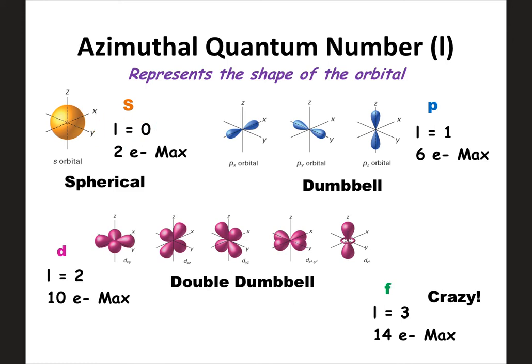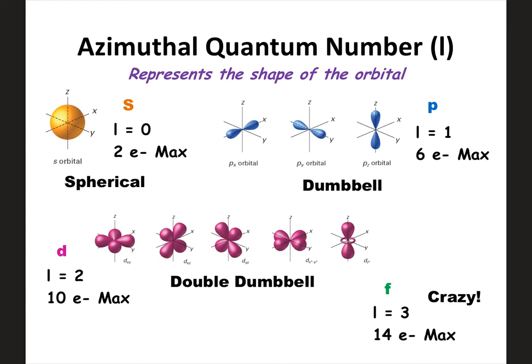So anytime you're asked for an azimuthal quantum number, you need to figure out first if it's S, P, D, or F, and then you can say, well, if it's S, the L value or the azimuthal quantum number is 0. S's can only hold at most 2 electrons and no more, and the shape of an S orbital is spherical. You don't need to be able to draw it or anything like that. Just knowing that the shape of the S is spherical is good enough.